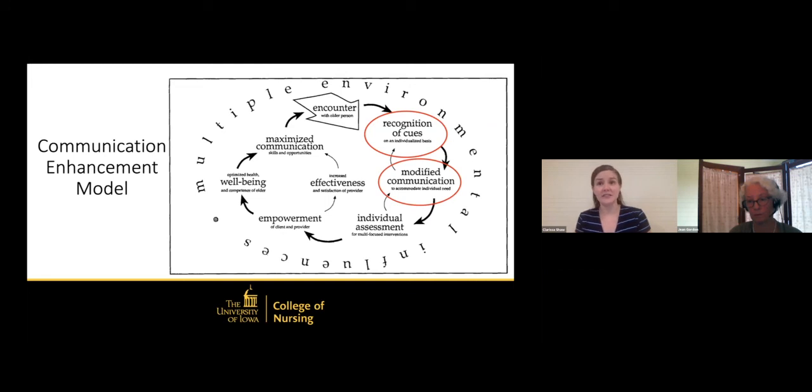And you might still need to accommodate, but instead of accommodating based on stereotypes of what older adults need, you do an individual assessment to see what their accommodation needs are, whether that's a hearing assessment to see if they are hard of hearing, or to understand if they have comprehension challenges and they need those syntactic changes. You can do an individual assessment to come up with the proper accommodation rather than dropping into using words like honey and dearie and sweetie because you're perceiving them as more baby-like.